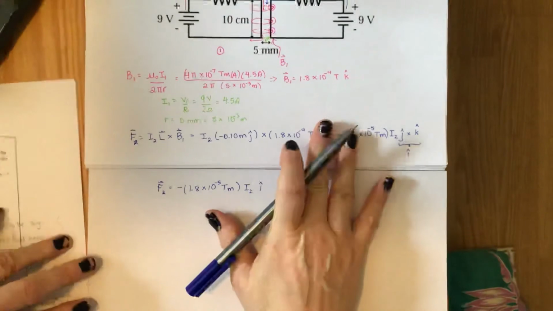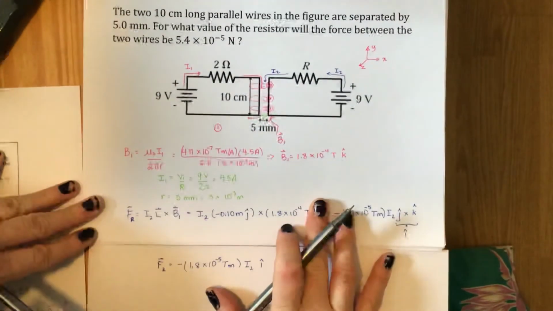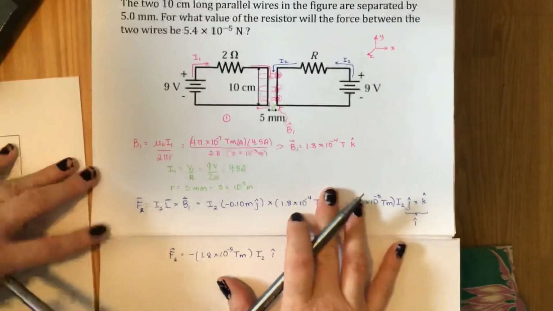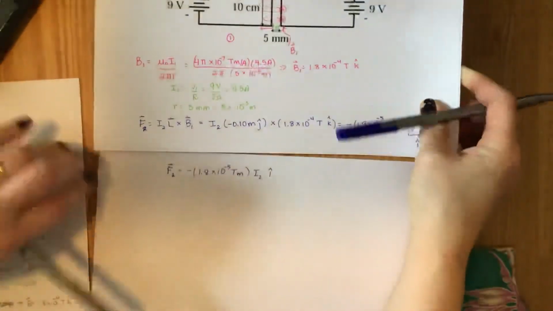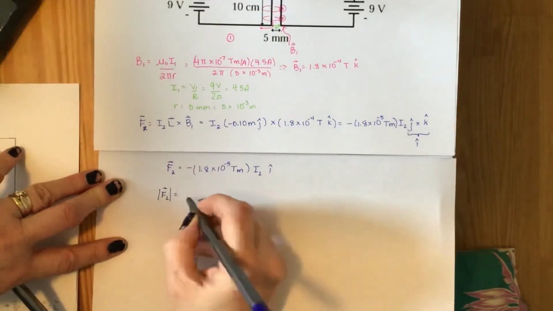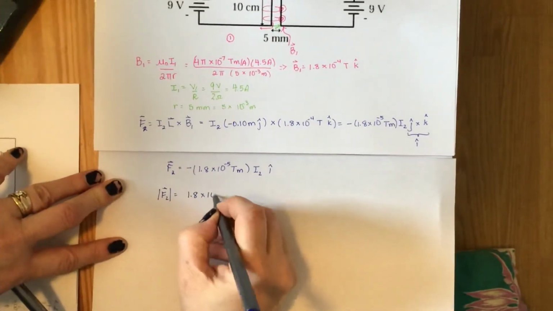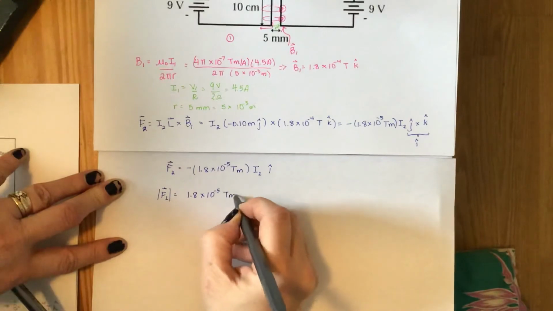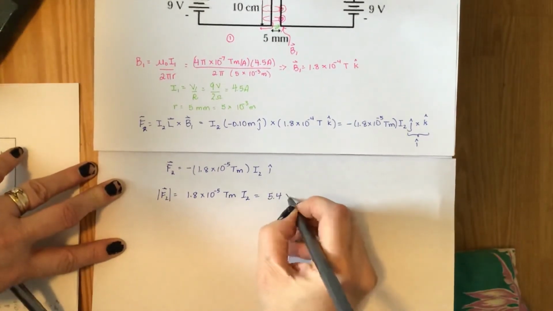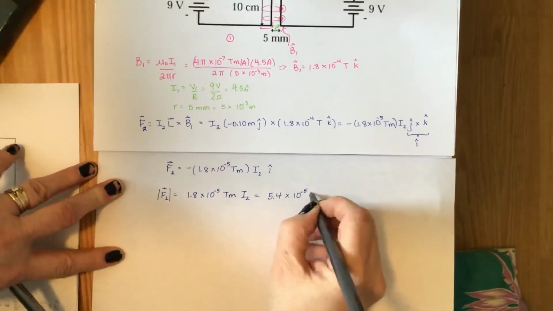Okay, now what do we know? It asks for the value of the resistance to get a force of 5.4 times 10 to the minus 5 newtons. So the magnitude of the force, F2, is 1.8 times 10 to the minus 5 Teslas times meters, I2. And that's equal to the given value, 5.4 times 10 to the minus 5 newtons.